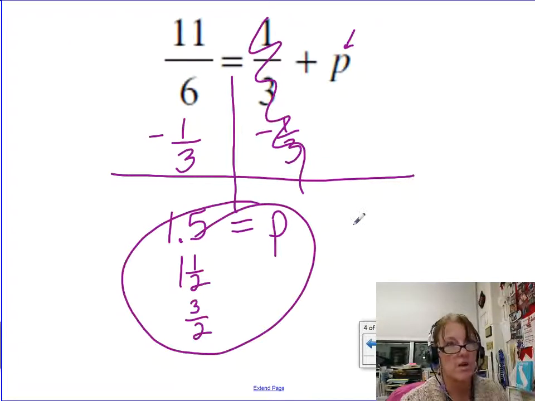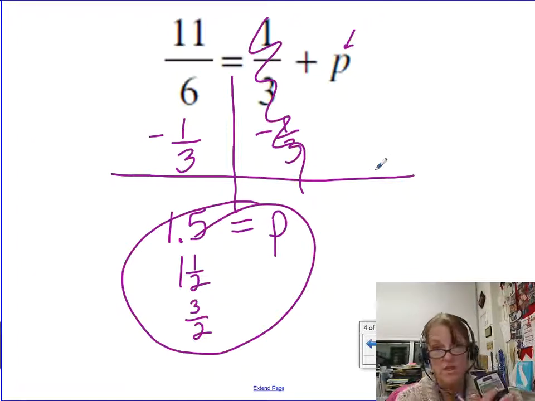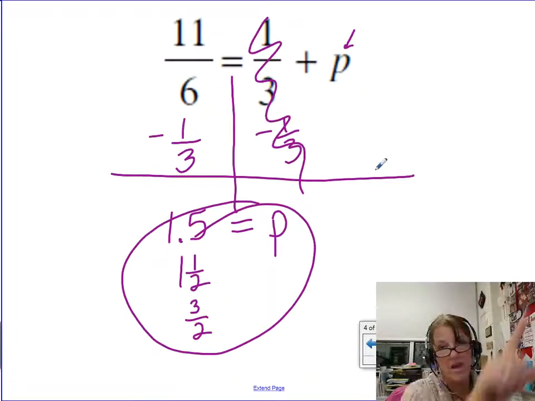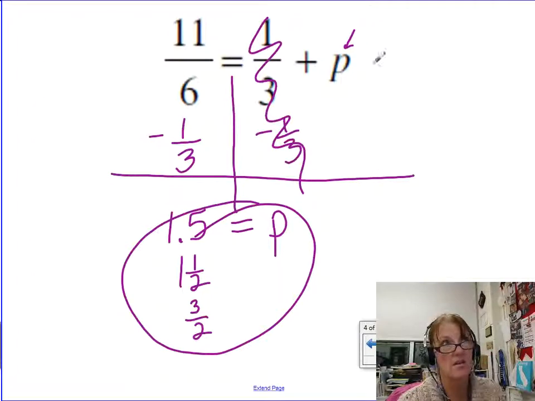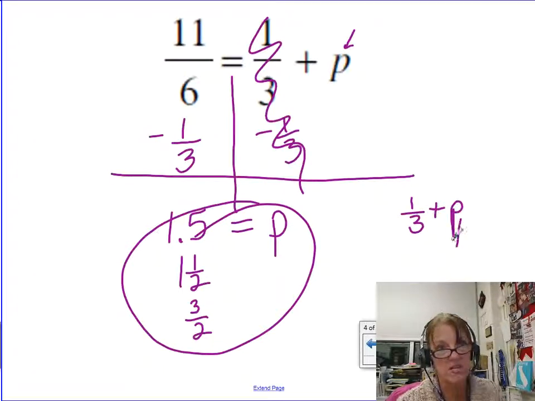But what I want you to do is perform a check. That means you're going to take what you got for your answer, go back up to the beginning, and you're going to say 1/3 plus p. On your calculator, I want you to plug in 1.5. Okay, let's go ahead and do that.